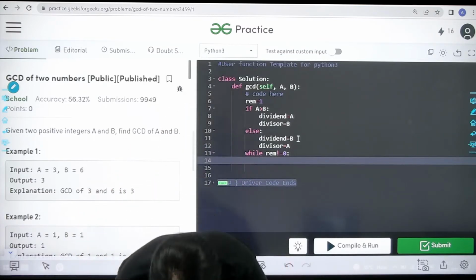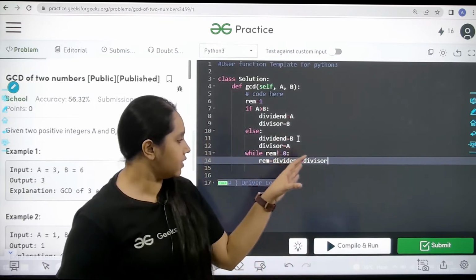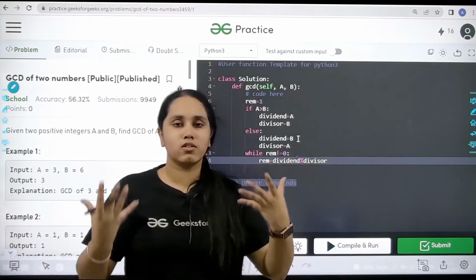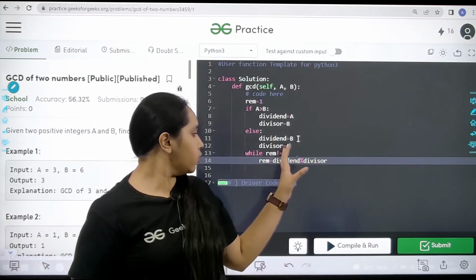My remainder is dividend modulus divisor. Modulus finds the remainder of two numbers. I hope this is clear to you.